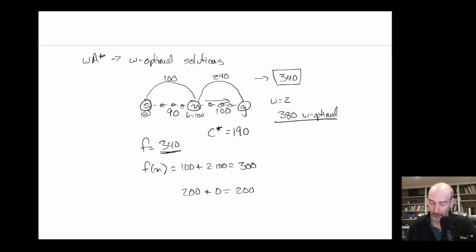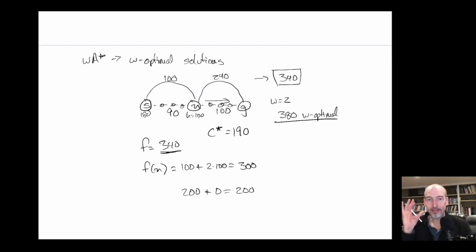But weighted A star, with n sitting on the priority queue, any node along this optimal path from n to g is always going to have lower priority, because it starts at 300 right here, and it's going to go down to 200 when we get right next to the goal. All these nodes are going to have lower priority than the path right here.